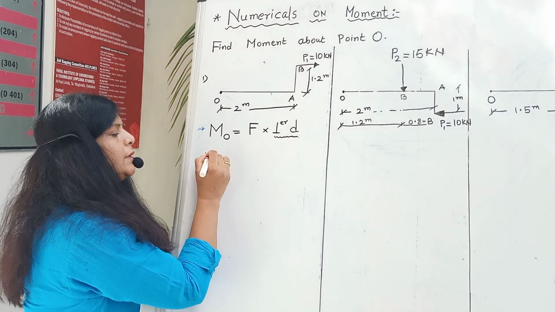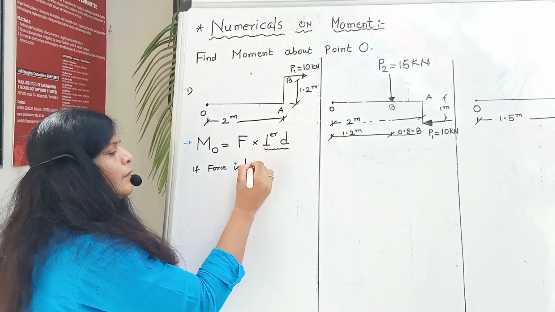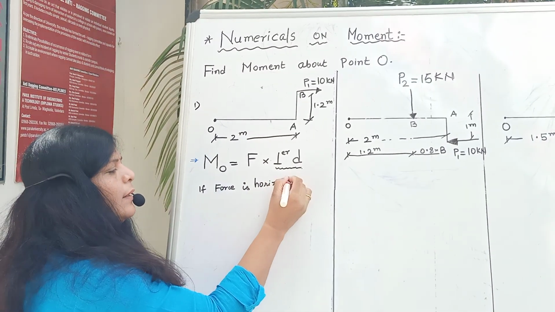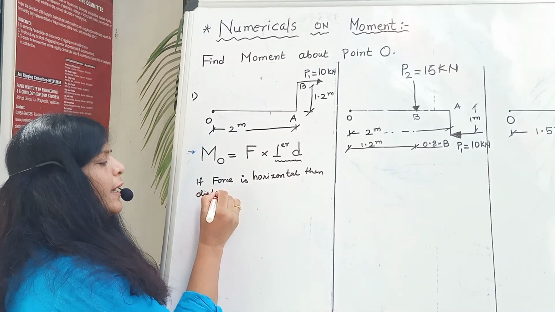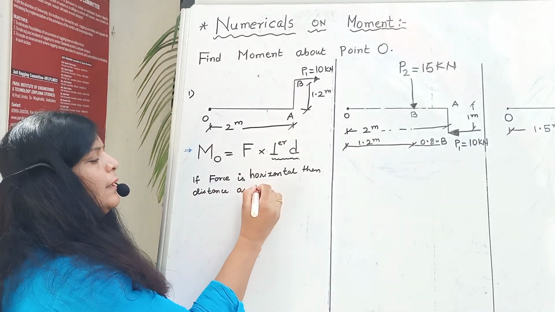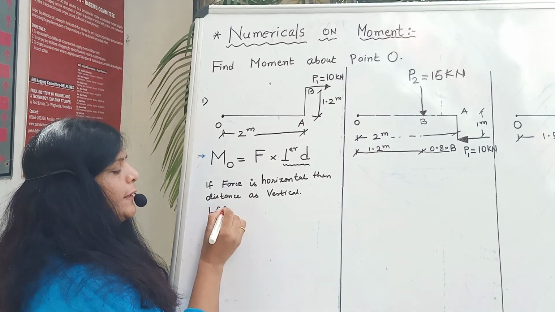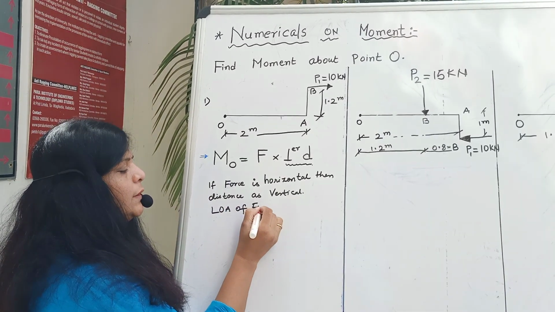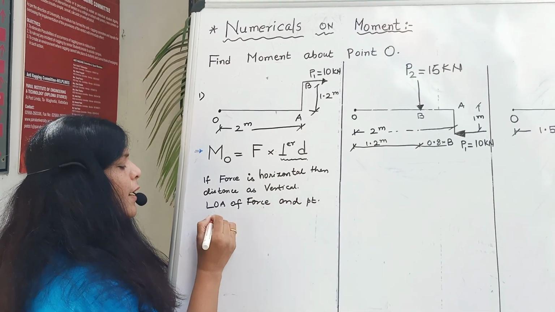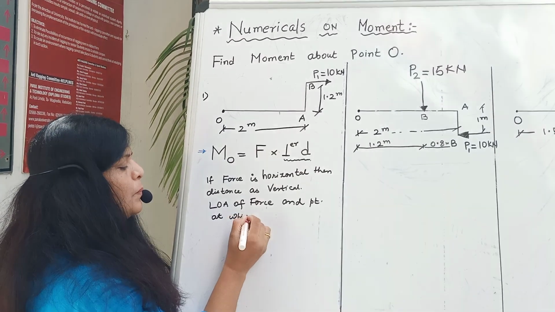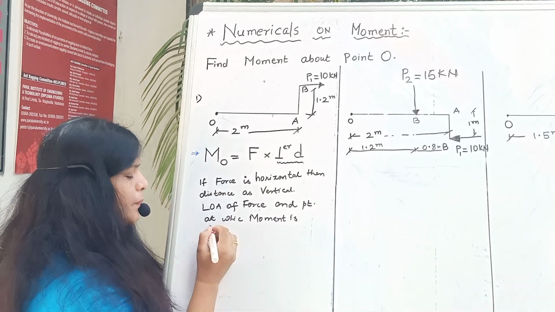If force is horizontal, then the distance will be considered as vertical, from the line of action of force to the point at which moment is calculated.